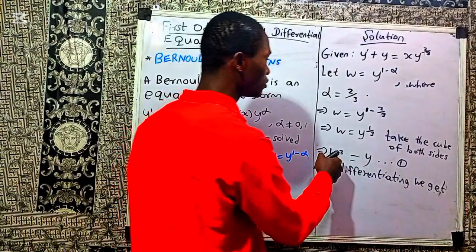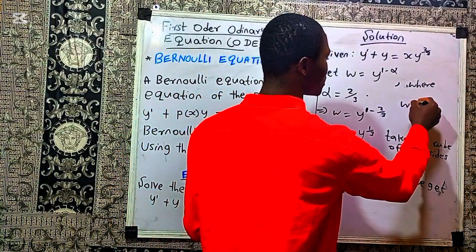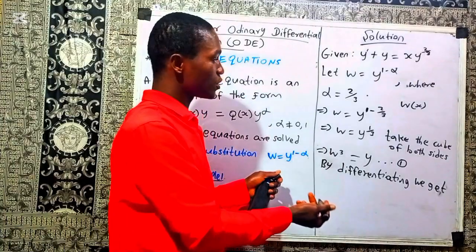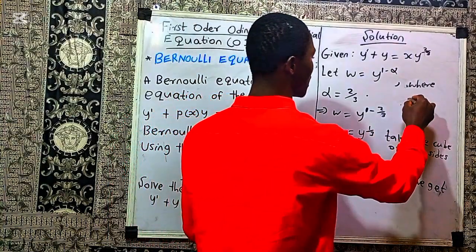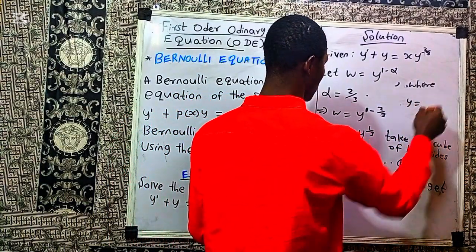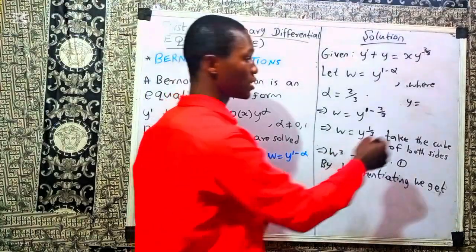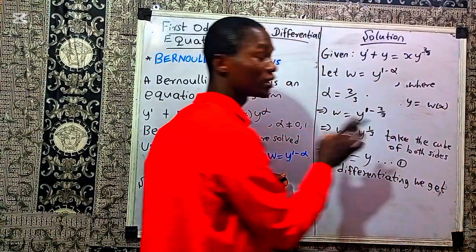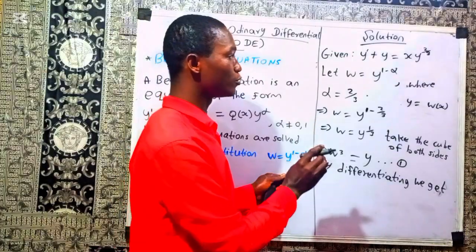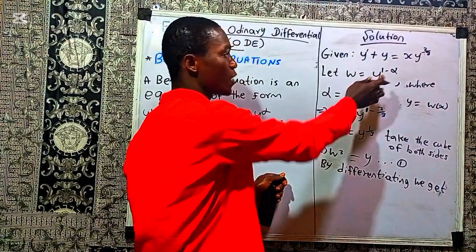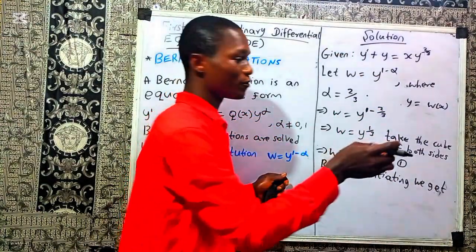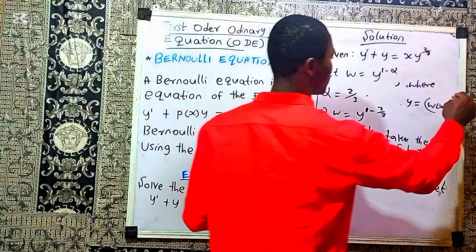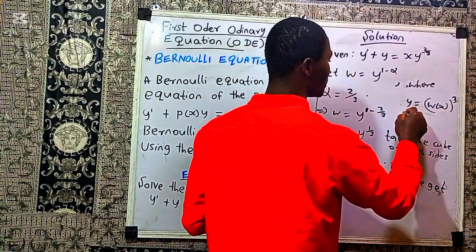So w is now a function of x. I can write w as w of x. I'm showing it clearly because w depends on x. Since y depends on x and you are substituting w for y, we are having w raised to power 3.